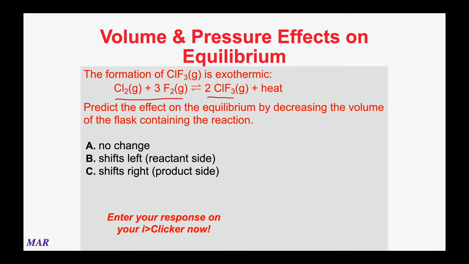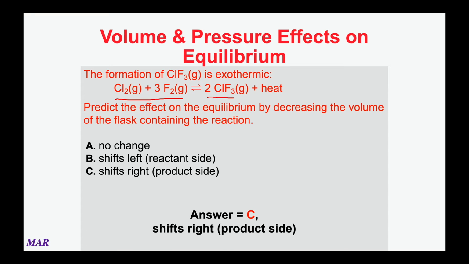So if you decrease the volume, you're pushing them together tighter, and they're going to go to the side with fewer molecules. So in this case, it's going to be a shift to the right, a shift to the product side. Decreasing that volume pushes everything together.